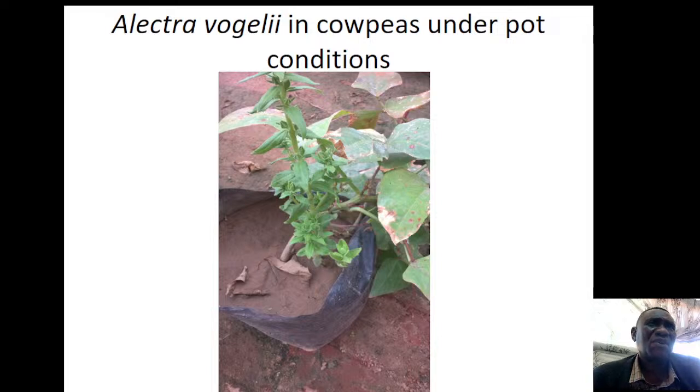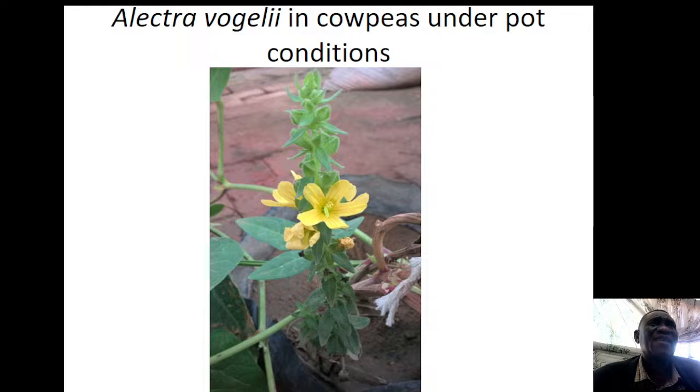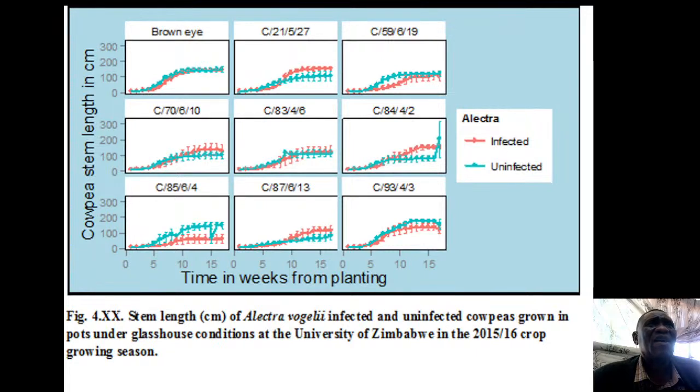So we were able to see the effects of this weed on cowpea. You can see the leaves are dry, and this was in the pots. Again in the pots. Okay, these are the effects of different cowpea genotypes which were screened.